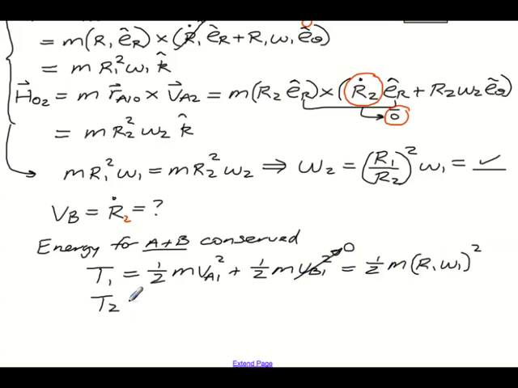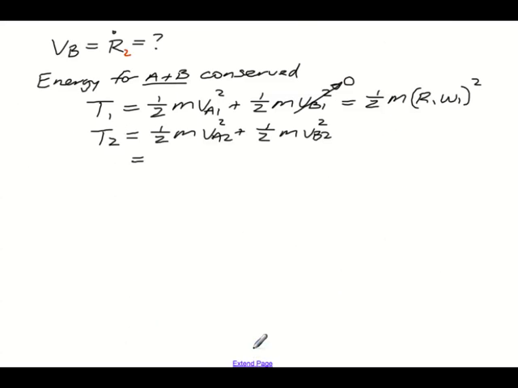T2. For position 2, we have the 1/2 mv squared for each one added together. And so for vA2, we have both radial and transverse components. So this is r2 dot squared plus r2 omega 2 squared.